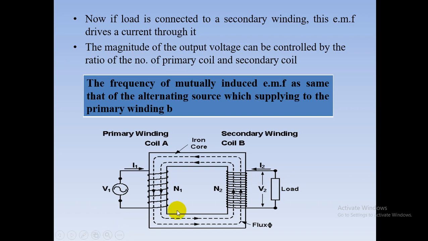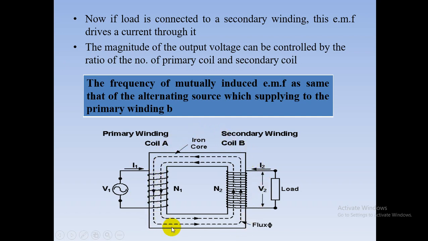This current and flux follow the same right hand thumb rule and have directions. And now what happened? The flux produced by the I2 current is also linking with the primary winding. In the same manner, the flux produced by the primary winding and the flux produced by the secondary winding are linked with both windings.